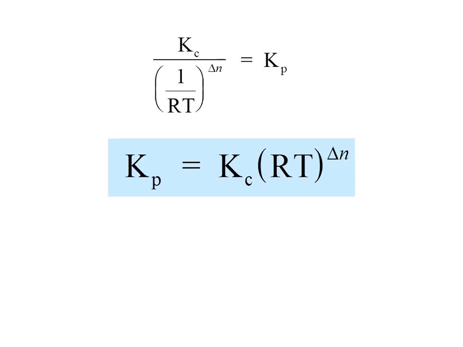There's a blue box again, so we've arrived at something that might be helpful. So again, it's the same chemical equilibrium, and everything has to be in the gas phase. But the Kp value for that equilibrium is equal to the Kc value times the ideal gas law constant times the temperature, and temperature needs to be in units of Kelvin, raised to whatever the change in moles is for the equilibrium.